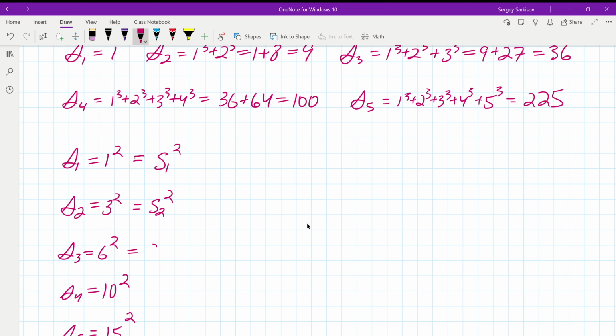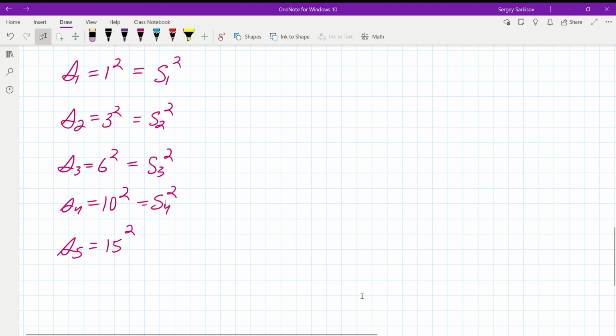And what about this? This is 6. This is actually S3 squared. And if you check it out, if you do 6 plus 4, you get S4 of 10, right? And you get that squared. And so now, guess what this is? This is S5 squared. Really cool, right? So my guess is a hypothesis.